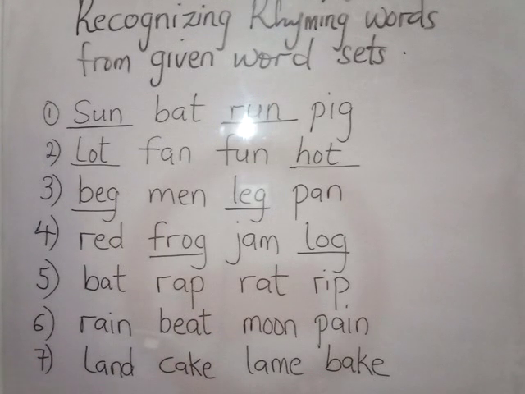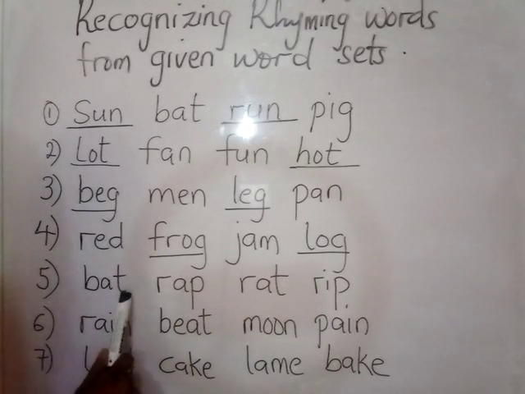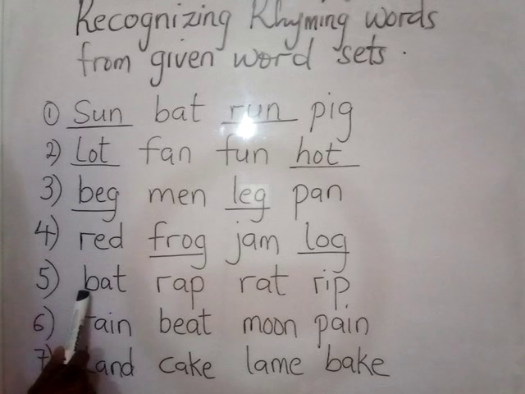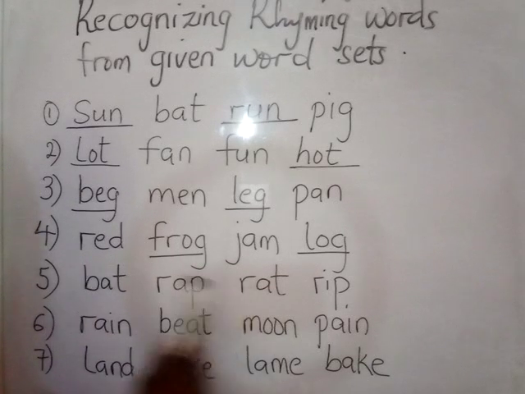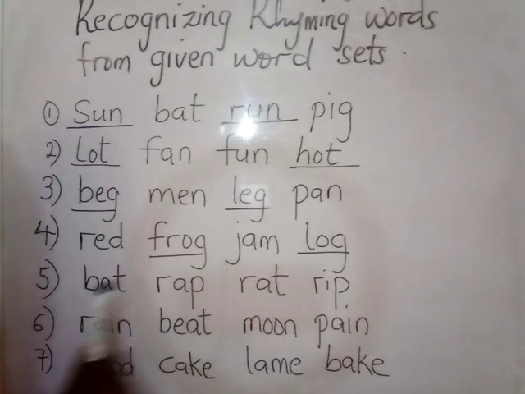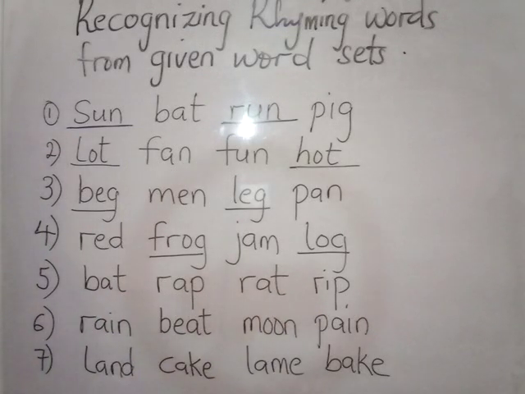No. So let's look at bat and rat. If we remove the first sound b and the first sound r, we are left with at, at. So they sound alike at the end.